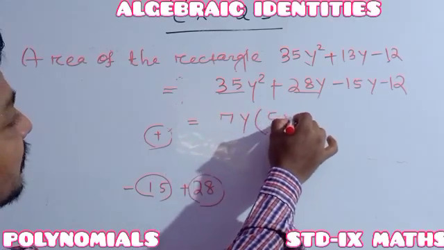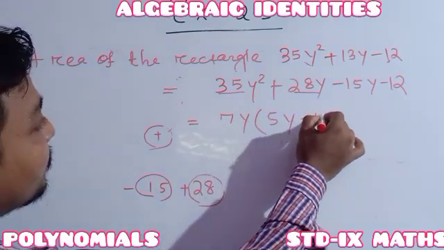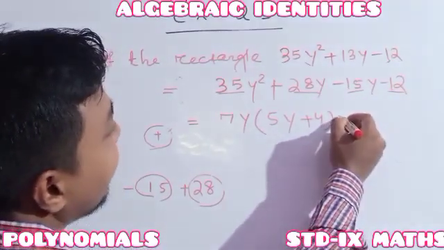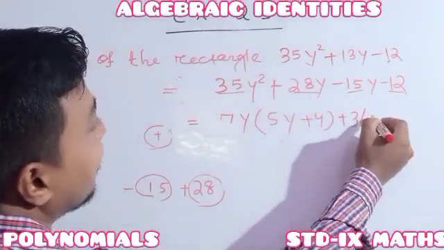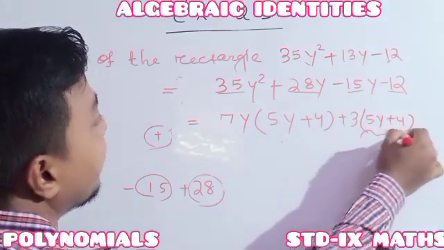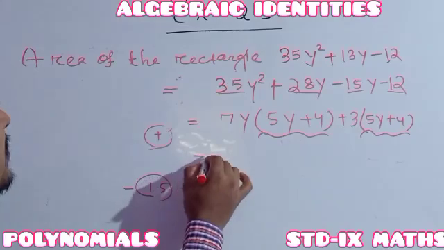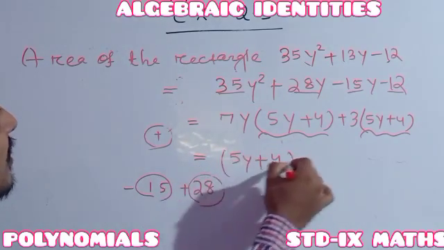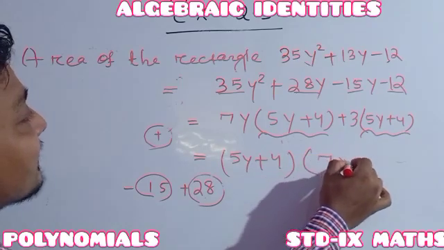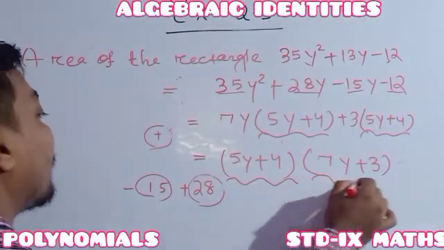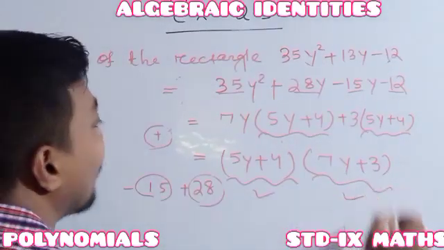So within the bracket 5y plus 4, and from the other two I can take 3 as the common, bracket having 5y plus 4. Here the binomial is common, so 5y plus 4 we can take as the common, and within the bracket 7y plus 3 will be there. Already it is factorized, so one is the length, another one is the breadth.